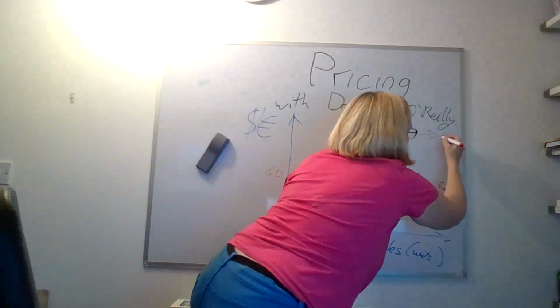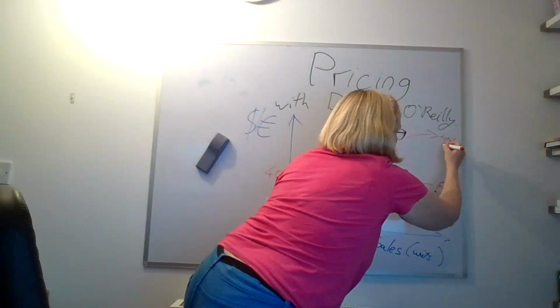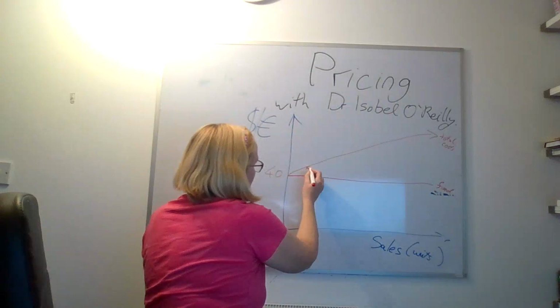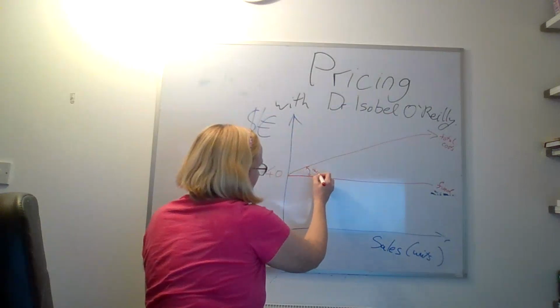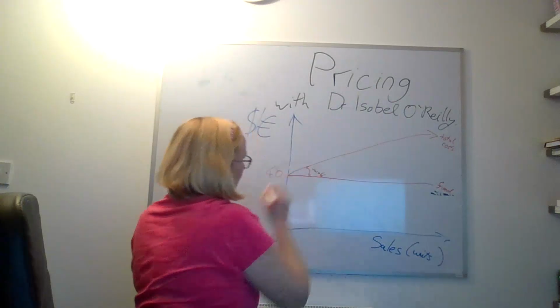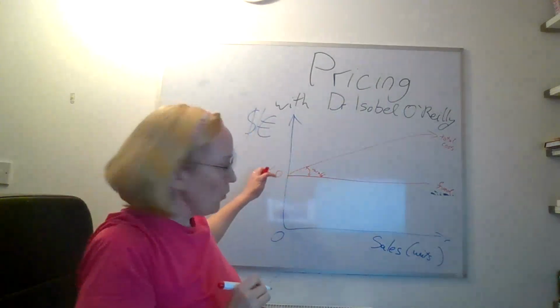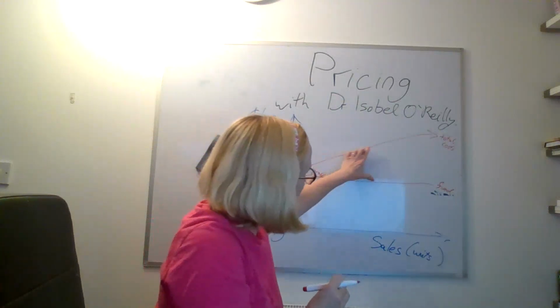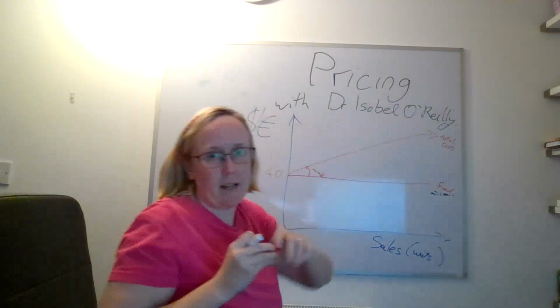So that's total costs. And this bit here is the variable. Okay. So we add it, and as we make more, that portion increases, so it goes up on a slant.